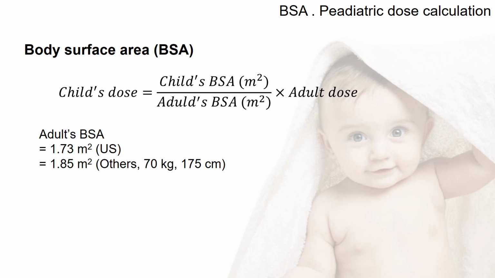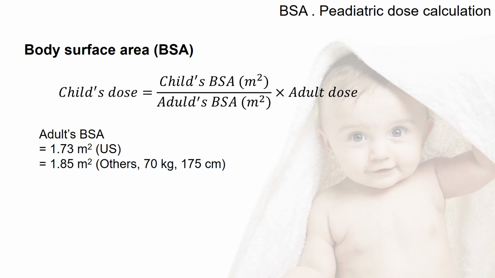In this case, body surface area or BSA is more accurate in calculating pediatric dose, provided that we are able to get the information about the body weight and the height of the baby.